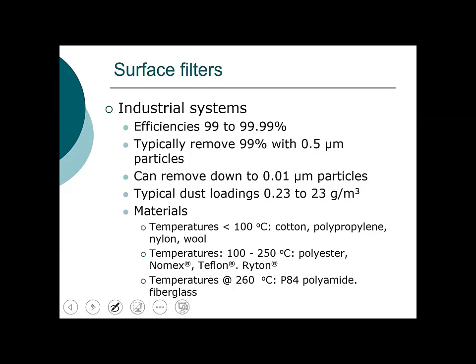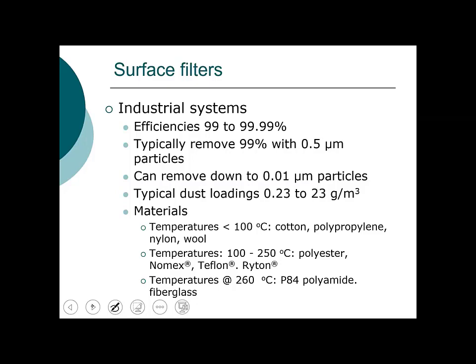So for instance, if the temperatures are less than 100 degrees C, you can use materials such as cotton, polypropylene, nylon, or wool. If the temperature is greater than that, then there's a significant concern about the flammability of these materials, so they're not used at temperatures in excess of 100 degrees C. For temperatures greater than 100 degrees, to about 250 degrees, you can use materials like polyester, Teflon.